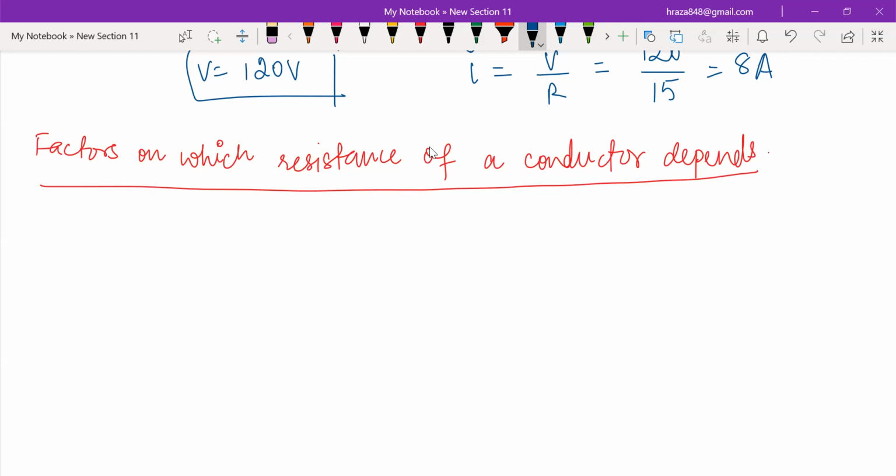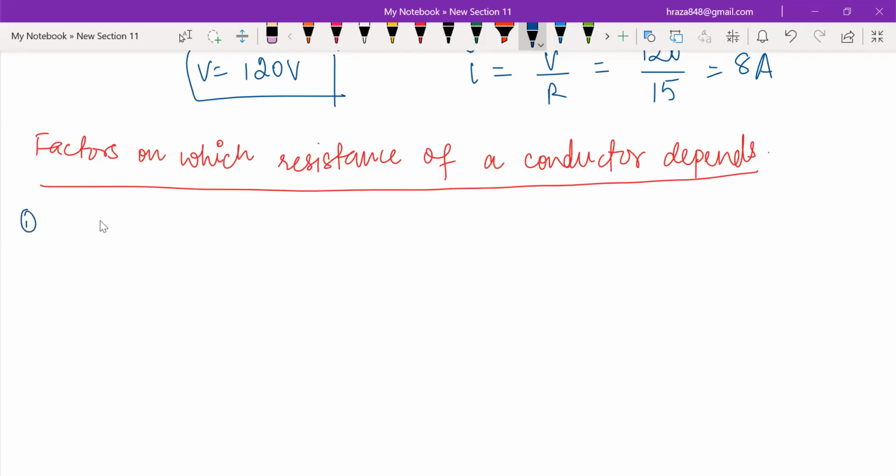Factors. Done? Yes. So factors on which resistance depends.